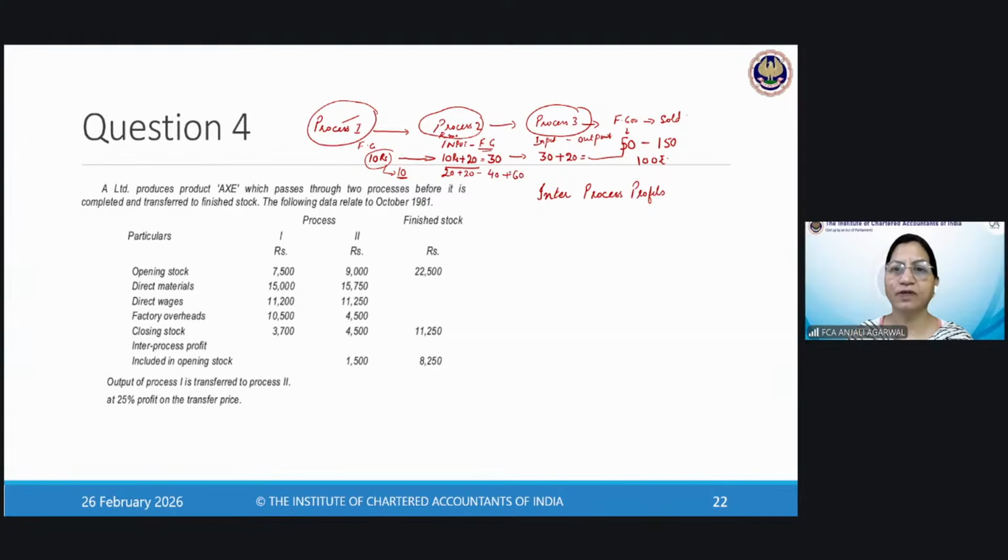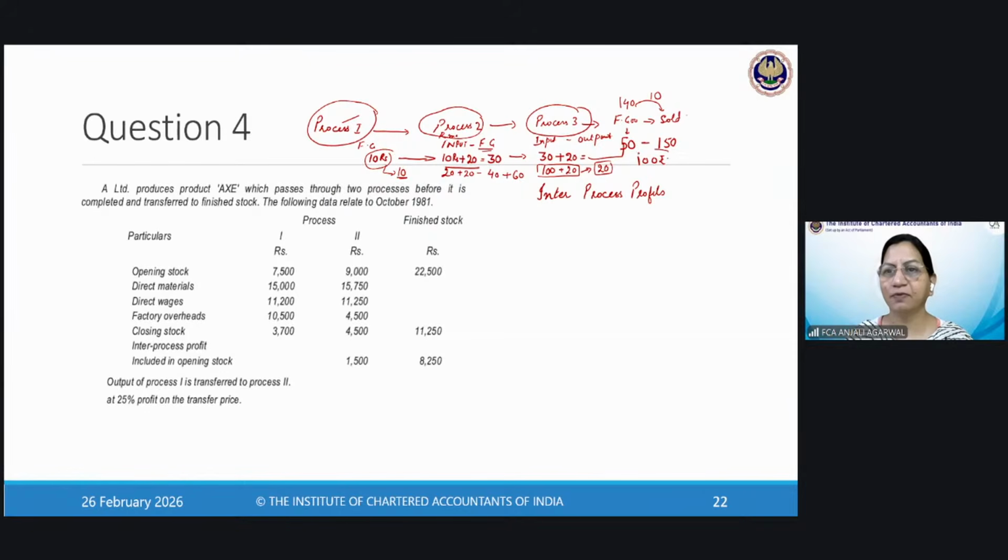So it will not give it to process 3 at 30, it will give it at 100. And then it will incur another 20. So 120 is the cost till process 3. And then it adds another 20 rupees of profit for itself. So the total cost becomes 140 to finished goods. And then this 140 is sold for 150. So the finished goods department gets a profit of 10.